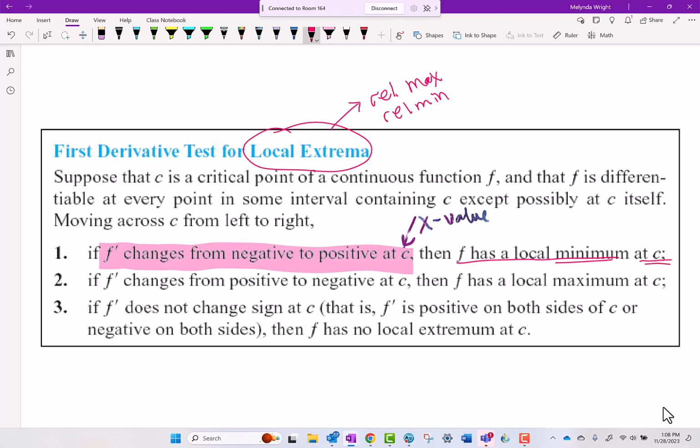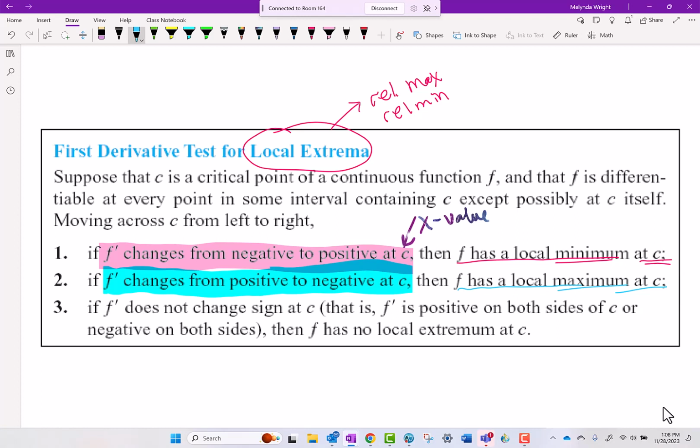So that's what we would look for if we're looking for a local minimum. On the other hand, if f prime changes from positive to negative at c, then f has a local maximum there. So that's another thing that we can tell about the behavior of f, looking at the sign changes of f prime.